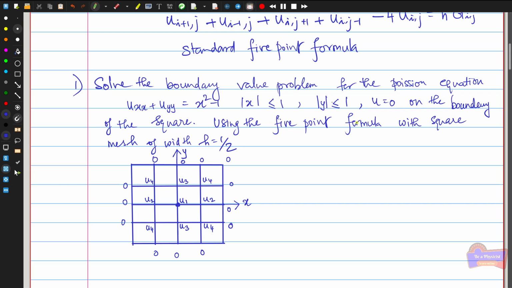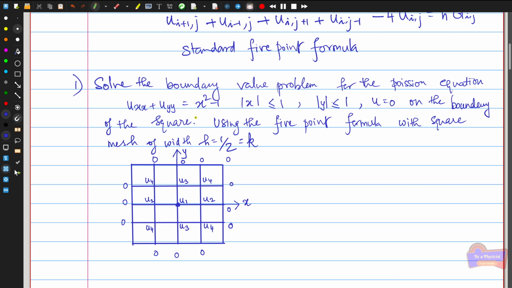Using the 5-point formula with a square mesh of step size h equal to 1 by 2, which is also equal to k, h is equal to k equal to 1 by 2. Using this step size, you have to solve the given Poisson equation.